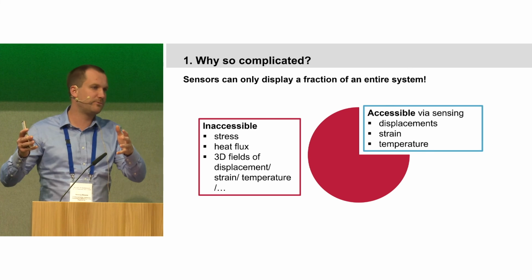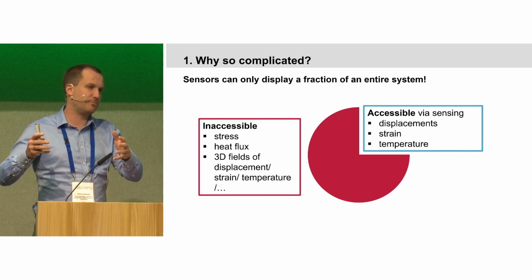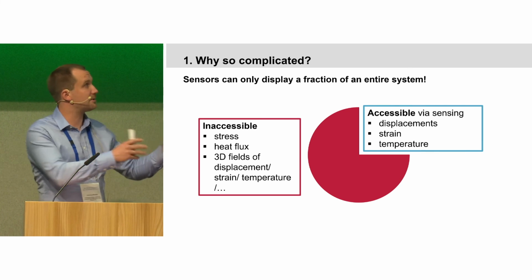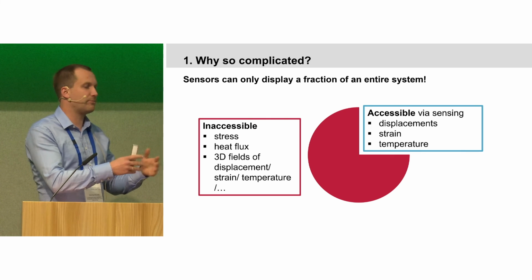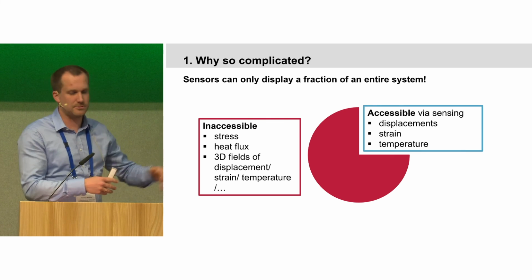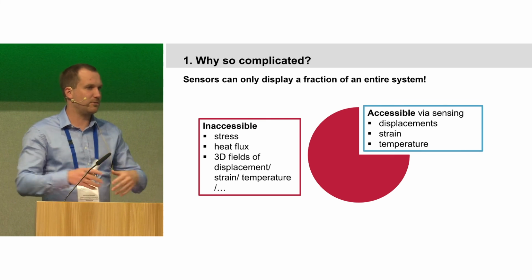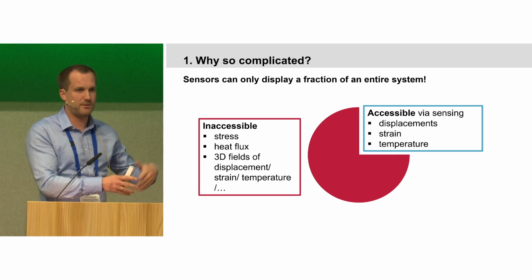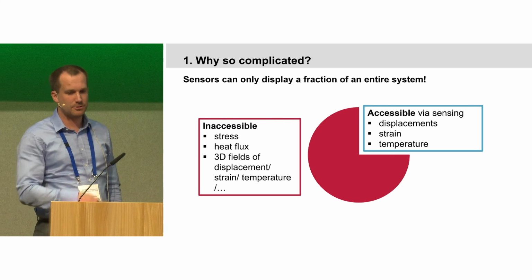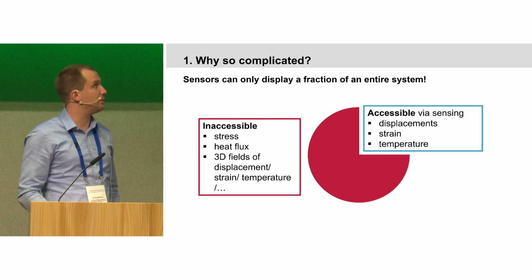I could have a displacement field which I measure, and behind the displacement field there could be a stress field which says, okay, everything is fine, continue as you want. Or it could say, be careful, in a second you will have fracture. So this we can decode using numerical tools.